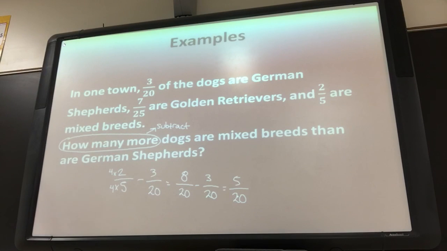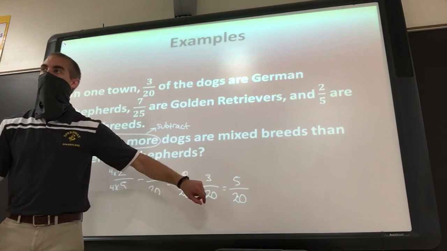Can 5 and 20 be divided by the same thing? Yes. So do we need to simplify? Yes. What can 5 and 20 be divided by? 4? Okay. So what did you divide by to get that? 5 divided by?